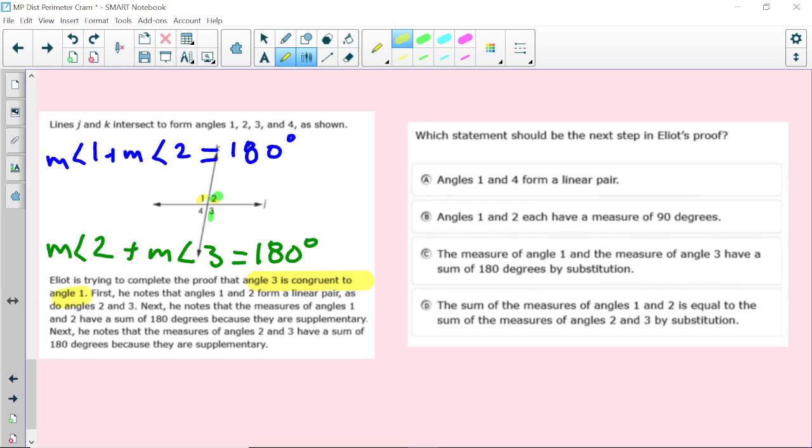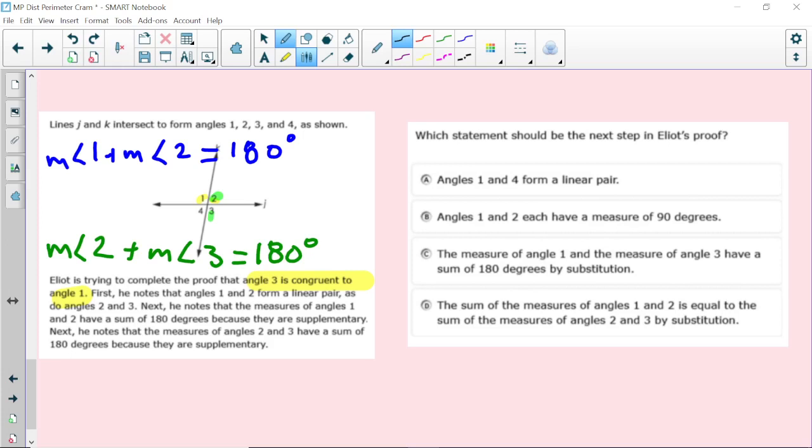So we've got angle 1 and angle 2, a linear pair, supplementary. Angle 2 and angle 3 are also a linear pair, supplementary. We just have to connect the dots. So let's go through these answer choices, see which ones make sense and which we can eliminate.